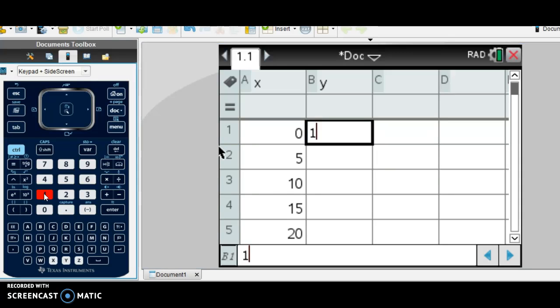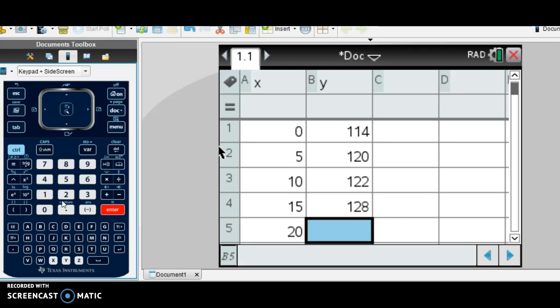Y's, I have 114, 120, 122, 128, and 137. Make sure you hit enter on that last one.